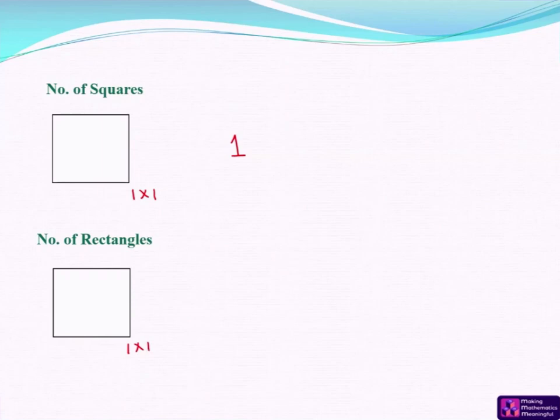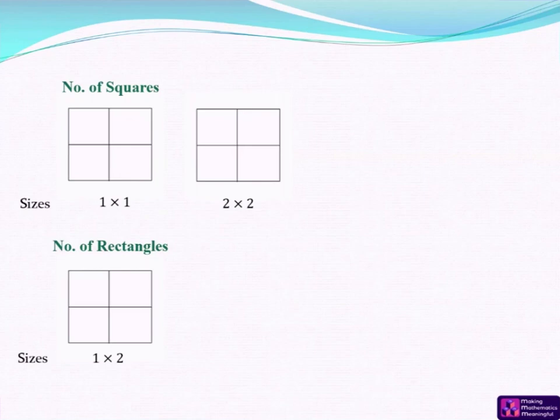In the same 1 cross 1 grid, as we know, every square is a rectangle. So the total number of rectangles is also 1. Now consider a 2 cross 2 grid. In this 2 cross 2 grid, how many squares of 1 cross 1 sides?